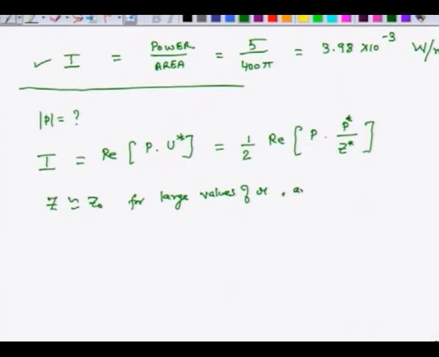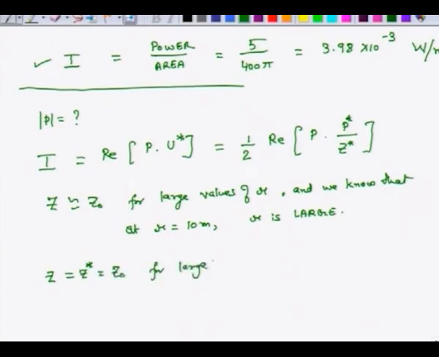We know that at r equals 10 meters, r is large, and for large values of r, z is approximately equal to z naught, which means that z equals z naught star equals z naught for large values of r.